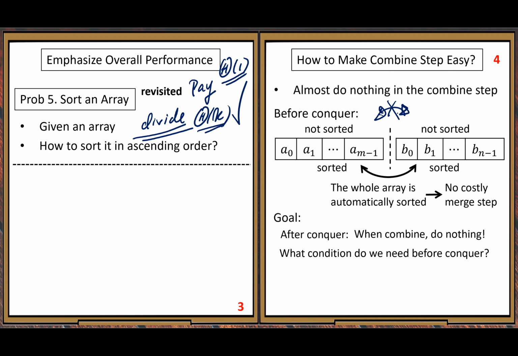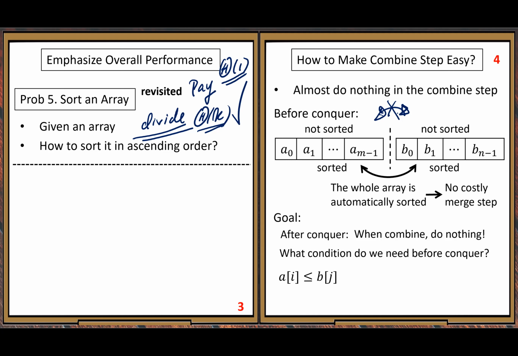That means you should make sure your two subarrays already have that property before conquer. After the divide step, you should have that special property.